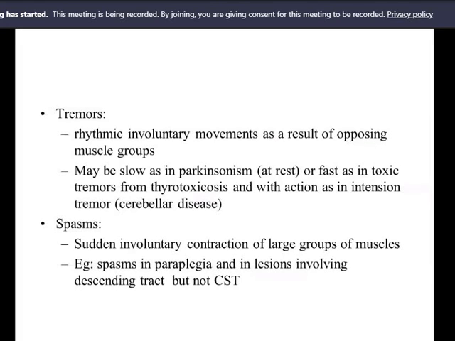If the cerebellum is cut, then there will be intention tremor. The person cannot pick up a glass of water. There will be overshoot of the hand and then undershoot of the hand. The hand will tremble and it cannot grasp the thing. So that is called intention tremor.